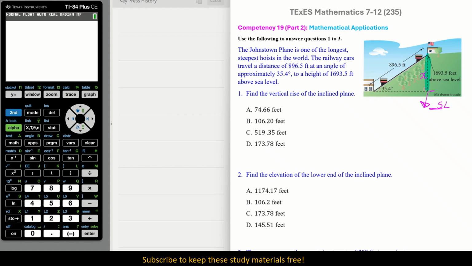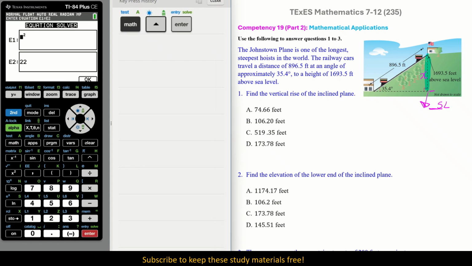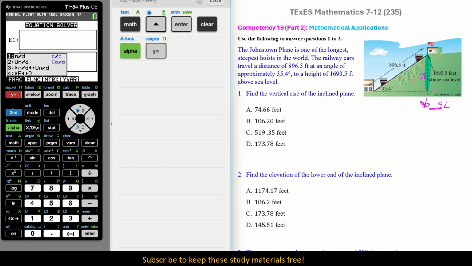Well, we're going to use the law of sines. So, instead of writing that all out and going through all the motions, let's just use our solver. So, math, arrow up, enter. Clear this out. Alpha y equals, enter that. Now, you need to put in sine. Remember, you need 2 angles.